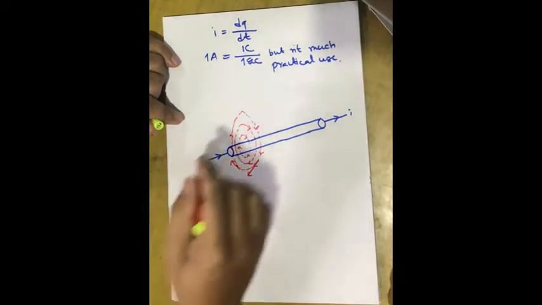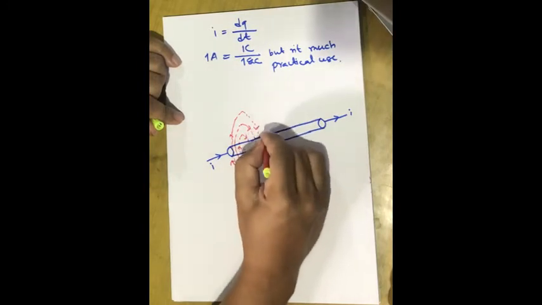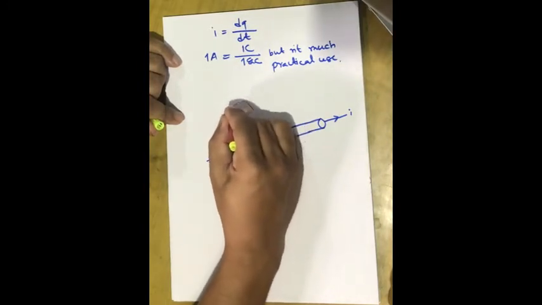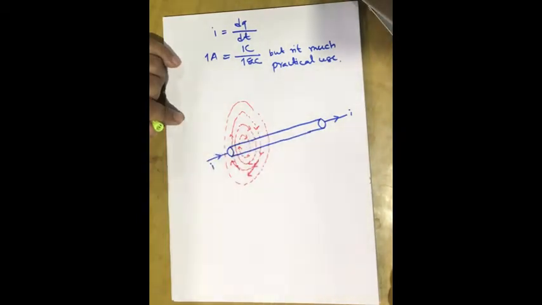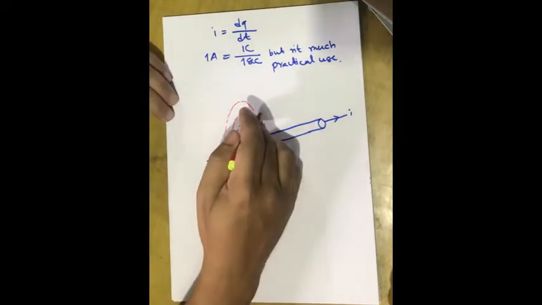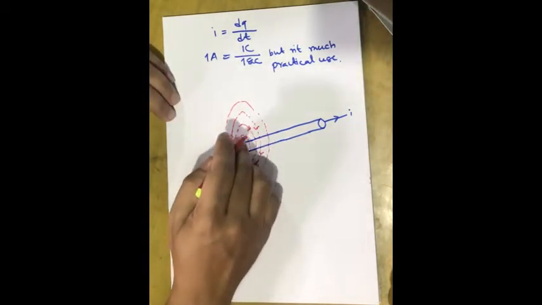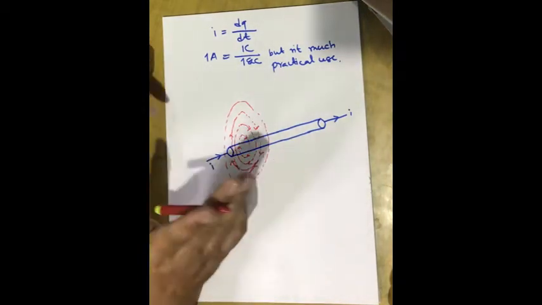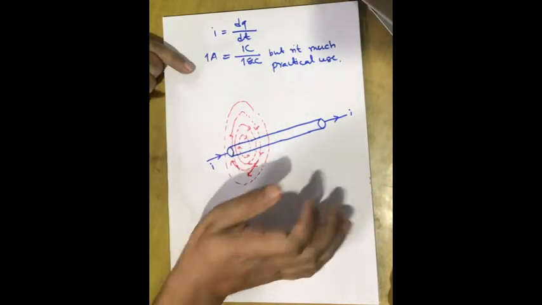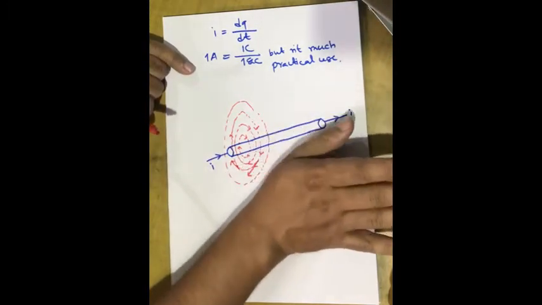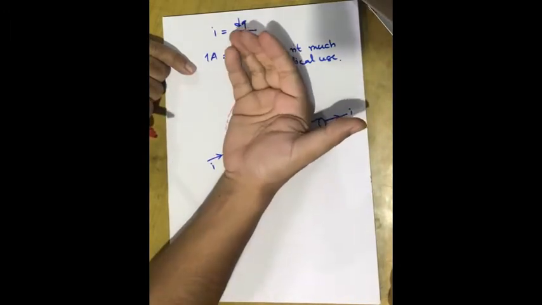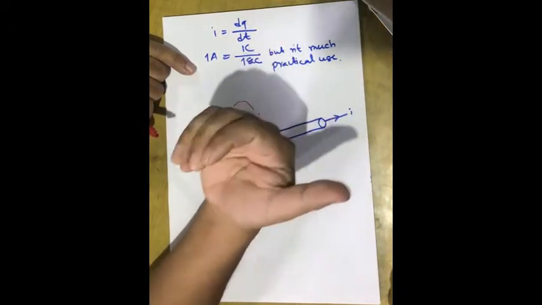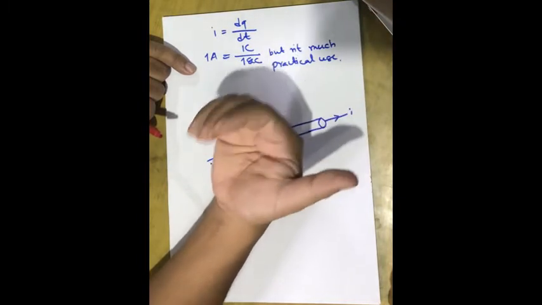Let me plot it again. So this will be the direction of the magnetic lines of force. Whether it is anti-clockwise or clockwise, you will determine from the right hand thumb rule, which I have already mentioned. Just put the thumb along the direction of the current and curl your fingers through the point at which you want to determine the magnetic field.